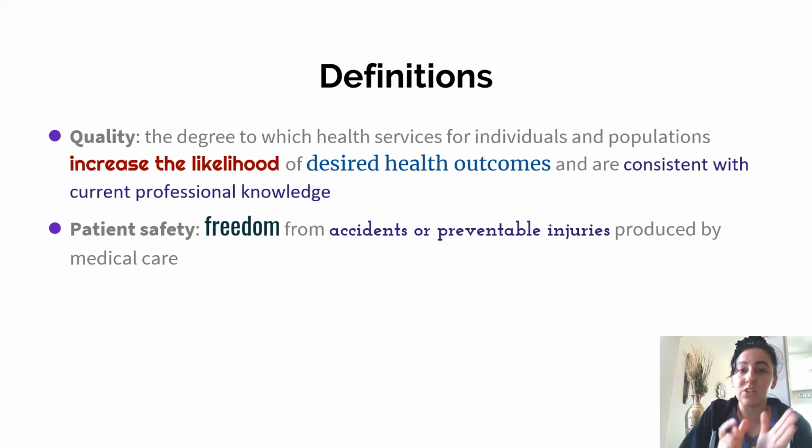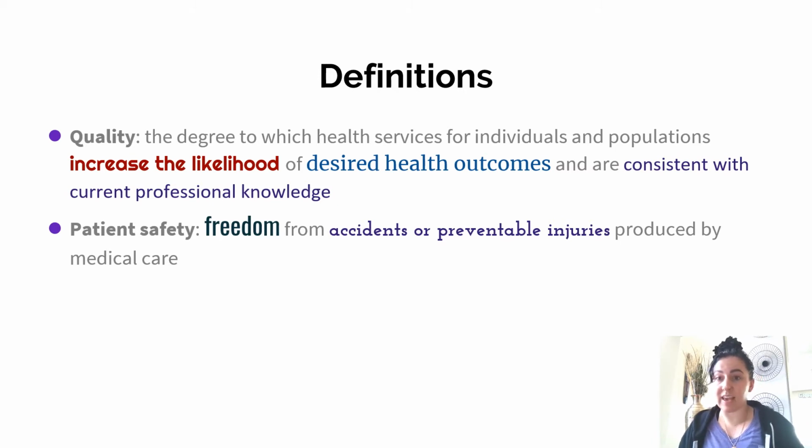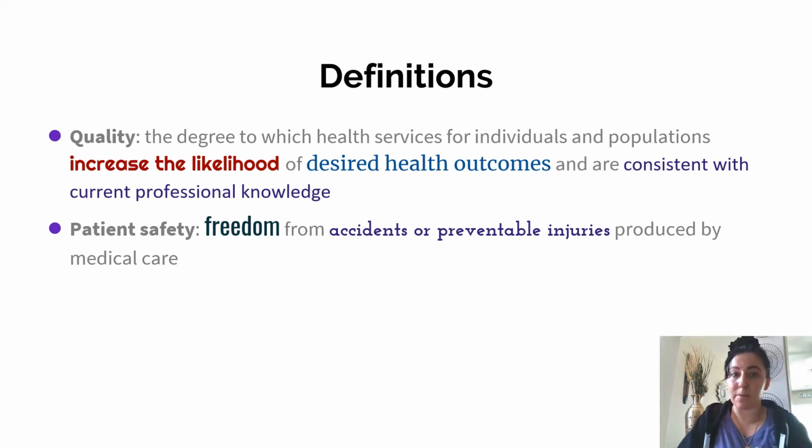So how well are the services for the individuals and the population, all the patients, likely to reach the desired health outcomes? And how consistent are they with current professional knowledge, the certain standards of quality that you uphold? That is quality: the degree to which it reaches those levels.